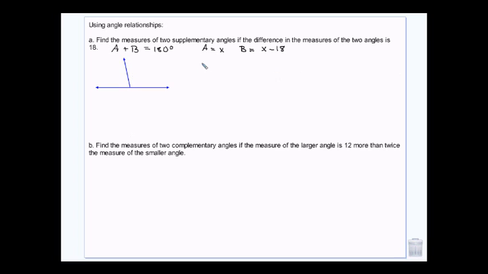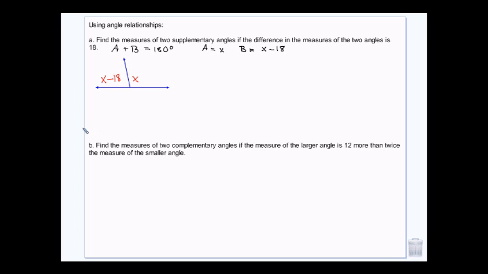Okay, so we could also draw a picture if you wanted to. You don't have to. But if we know they're supplementary, that means they're going to be a straight line. They're going to add up to 180. So I could call the bigger one X, and if this one is 18 less, I could say that's X minus 18.